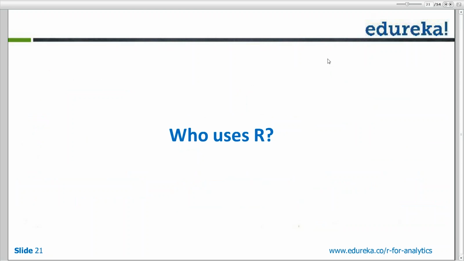Right. Who uses R? Before we get into the industries which use R, let's take a 5-minute break, and we shall come back to go through the various functional domains and industries that use R, and we will end this class with a few elementary hands-on sessions today, and we shall do a more exhaustive or more detailed hands-on session in the next class.